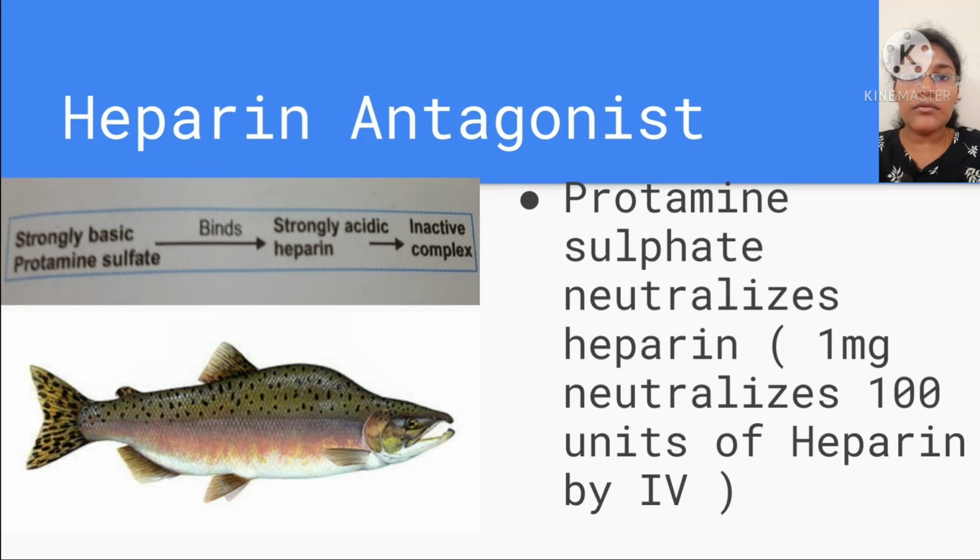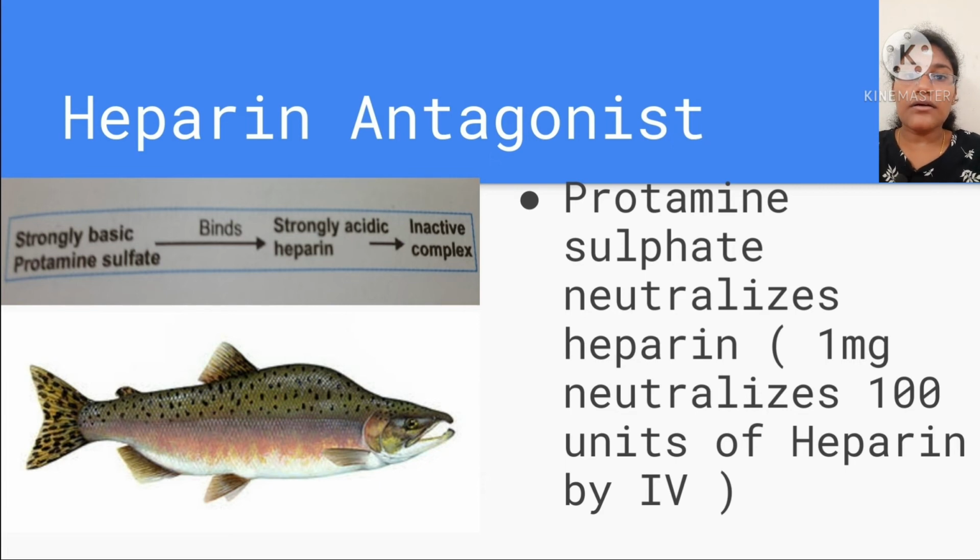If only a little heparin is overdosed, we stop the dosage of heparin until the patient returns to normal. If mistakenly the patient has taken a huge dose of heparin, then protamine sulfate is given, but it is not usually advised because protamine sulfate itself is a weak anticoagulant.